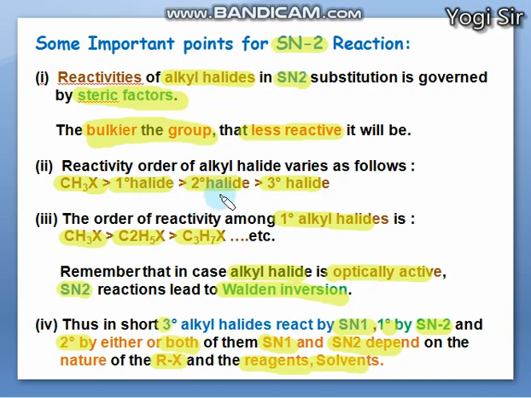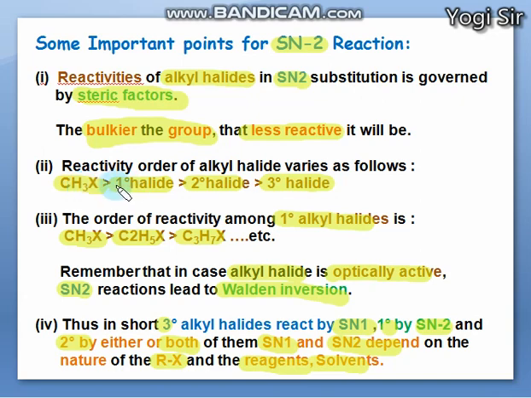Again I am repeating: SN2 is decreasing and SN1 is increasing towards tertiary, and as we go towards primary, SN2 is increasing and SN1 is decreasing. It is equal and opposite.